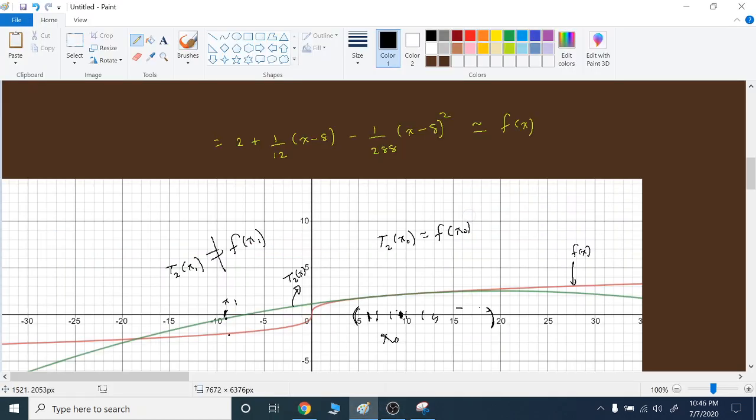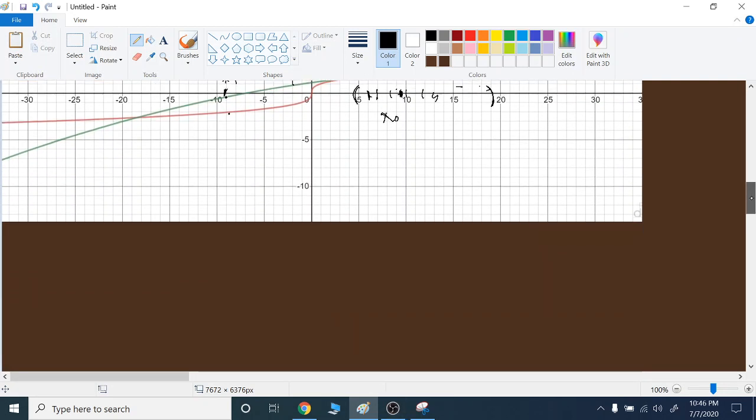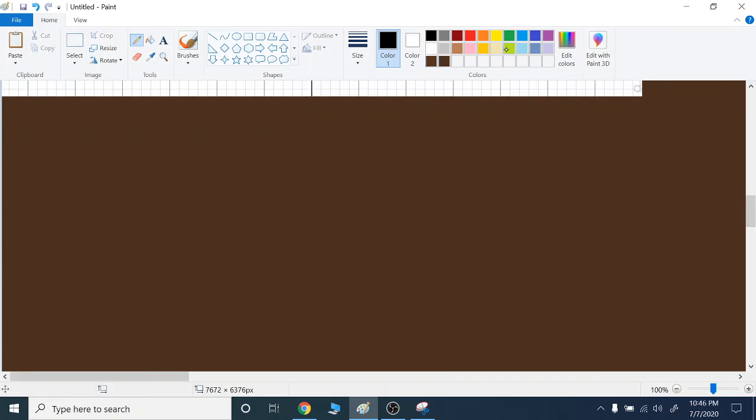So to do that, the method that we are going to adopt is an inequality that we used before. Remember, we went over a certain condition like this.